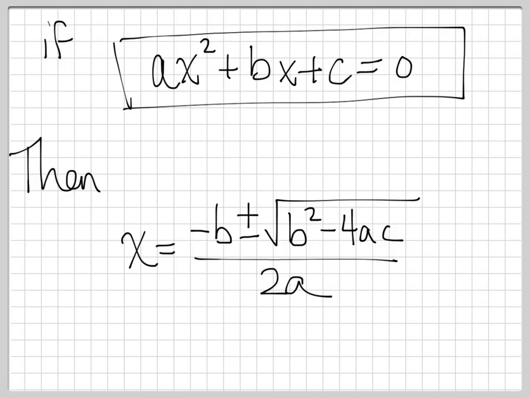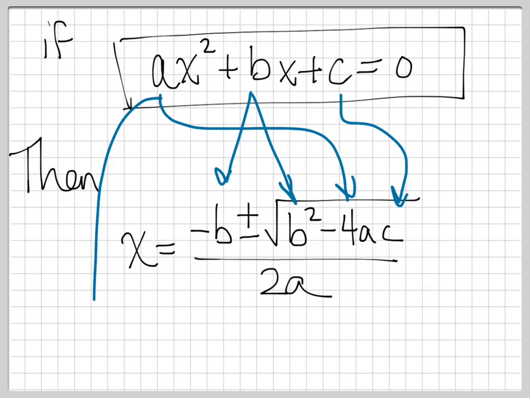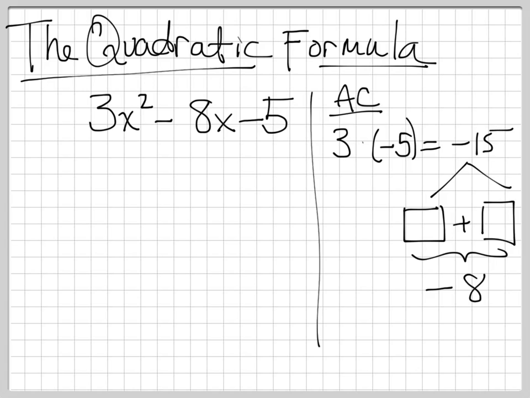And this is crucial. Everywhere you see a b, you're going to use the b, everywhere you see a c, you're going to use the c, and everywhere you see an a, you're going to use the a. So you're going to use the coefficients for x squared, x, and the constant everywhere. But this is going to let you get some answers.